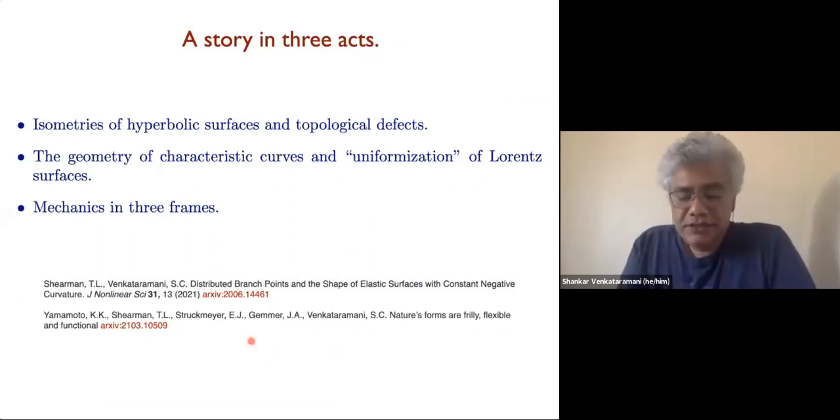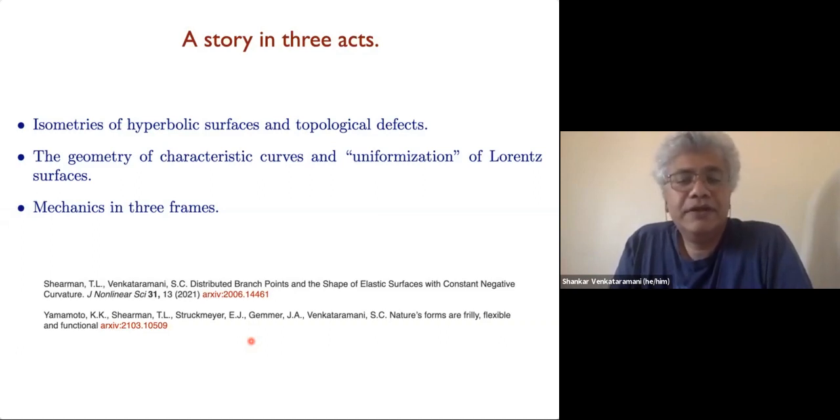So this is roughly the plan of my talk. The first part, I'll talk about isometries of hyperbolic surfaces with constant negative curvature, and the notion of a topological defect in these things.